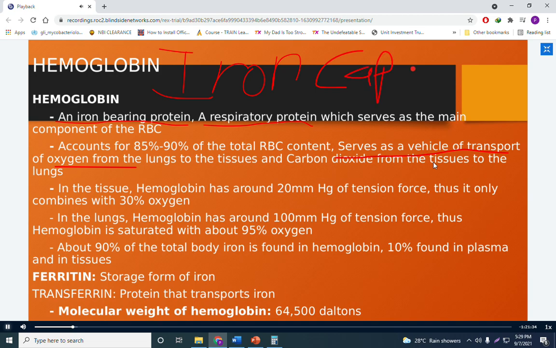Kasi capillaries niya, class. What's your composition ng capillaries niya? So, anong meron sa capillaries niya, class, if you recall? Okay, exchanges of gases. Pero your capillary blood is made up of what?